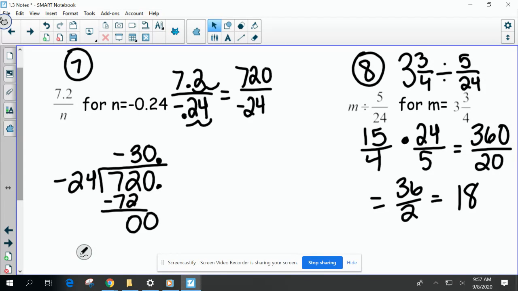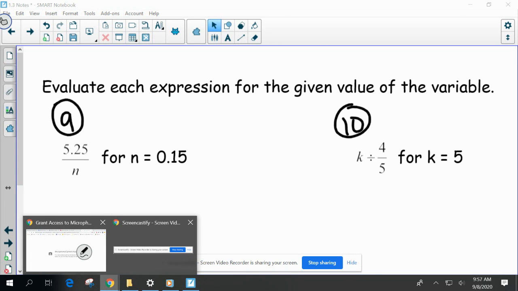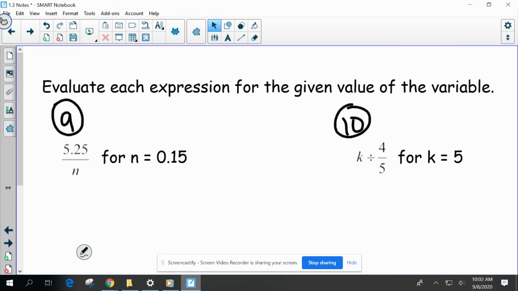Okay, I'm going to give you 2 of those to do. All right, so if I go through and solve this, when I substitute, I would have 5.25 divided by 0.15.